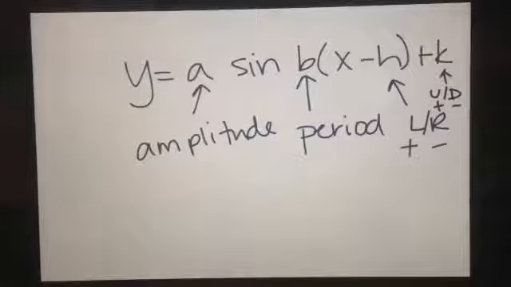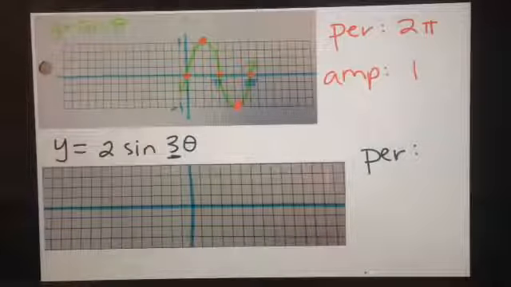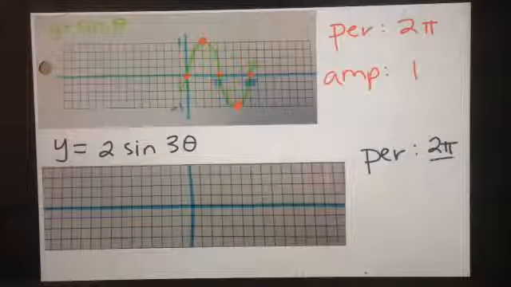Just like on the transformations, where left is positive and right is negative, it's the same thing with the period. When it looks like the period's getting bigger, it's actually getting smaller. When it looks like it's getting smaller, it's actually getting bigger. So I always just think opposite. I'm going to take the period of 2 pi and divide it by 3. So my new period is 2 pi thirds.